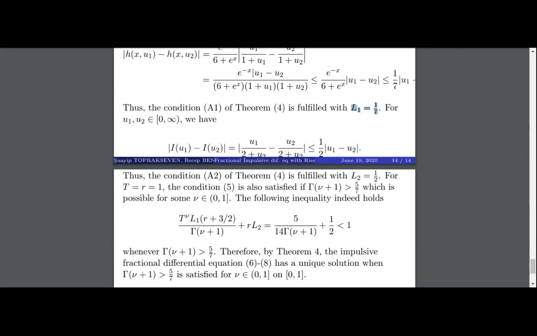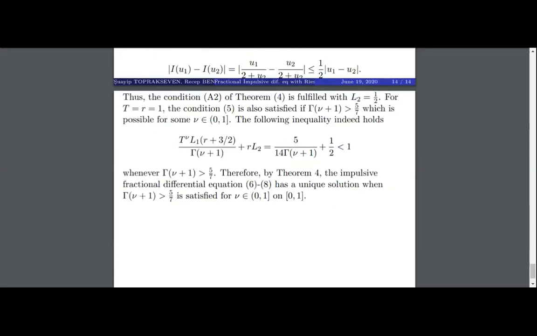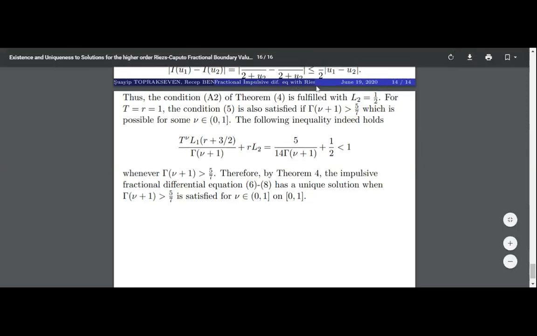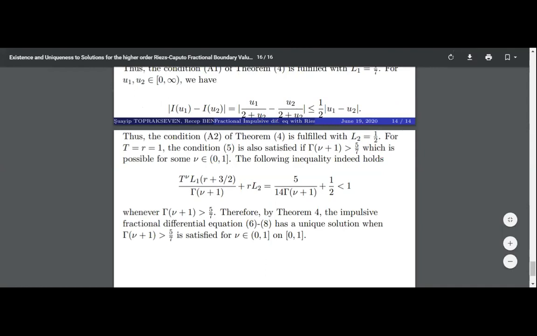Similarly, we can show that I and I prime are also Lipschitz. We show here I is Lipschitz, just an algebraic computation, with L2 equal to 1/2. So we show the assumption 2 in theorem 4 is satisfied with L2 equal to 1/2 and L3.